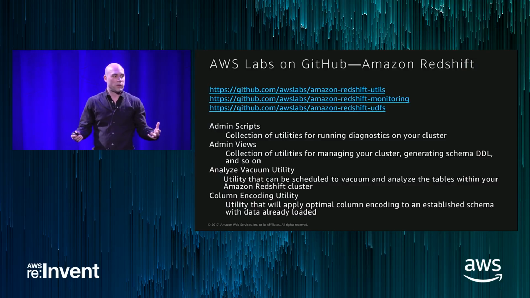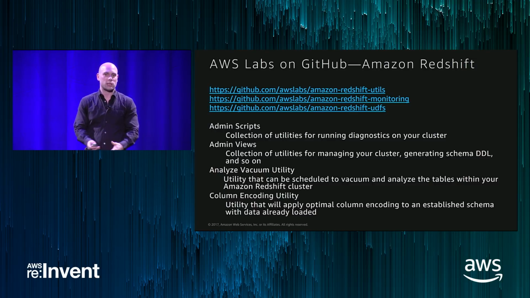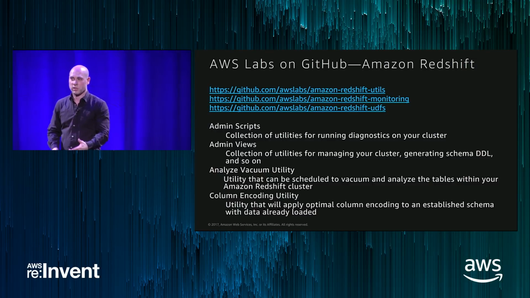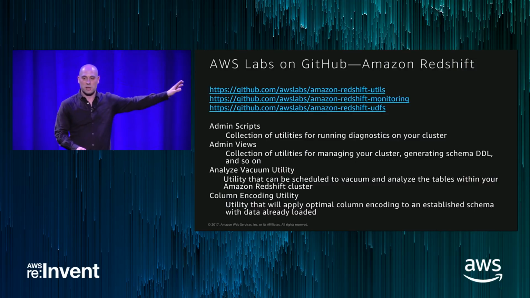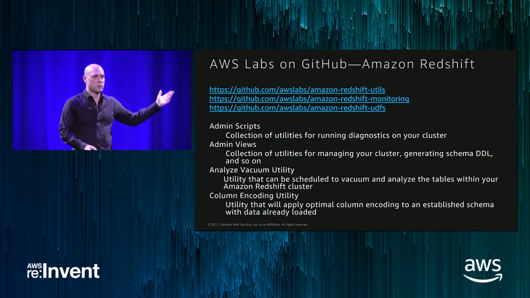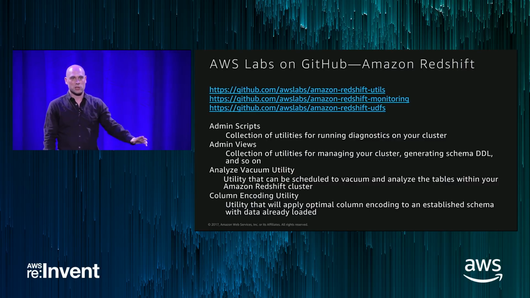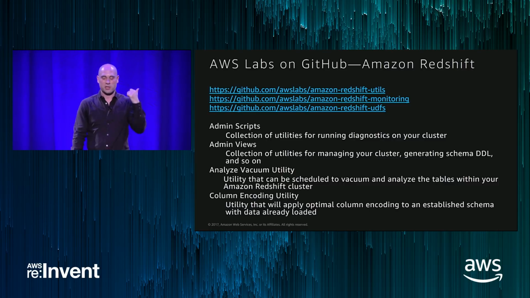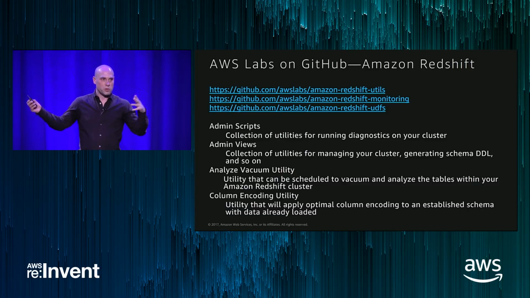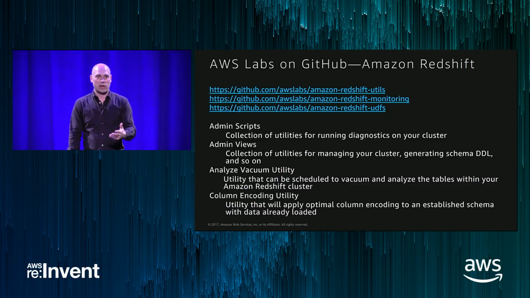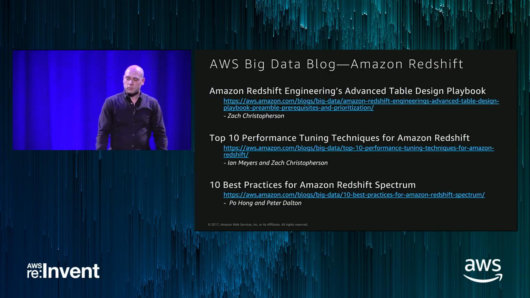These are scripts that we've all found really useful when working with customers, diagnosing issues, and we put all of those on GitHub. The same with the admin views. They're very similar to the admin scripts, but they end up being views. I've talked about the vacuum utility and the column encoding utility. Those are also on GitHub. You saw the links earlier, so you'll find those there as well. Highly recommend checking those out.